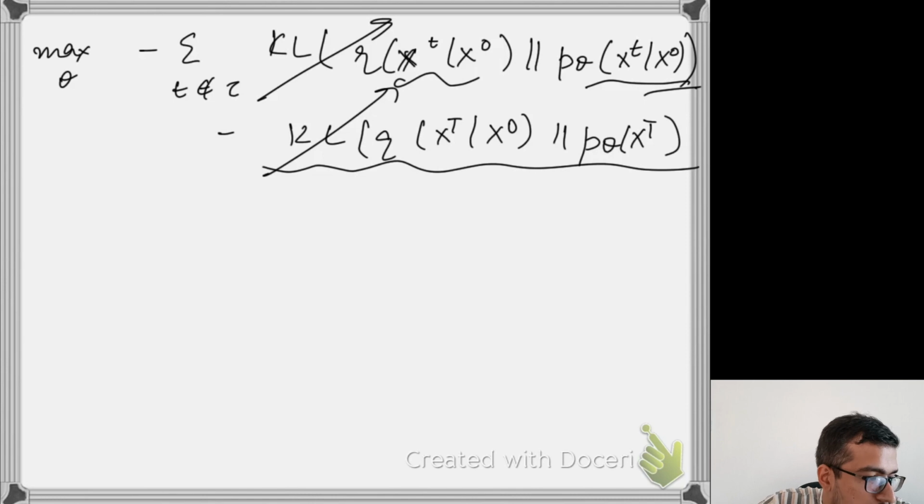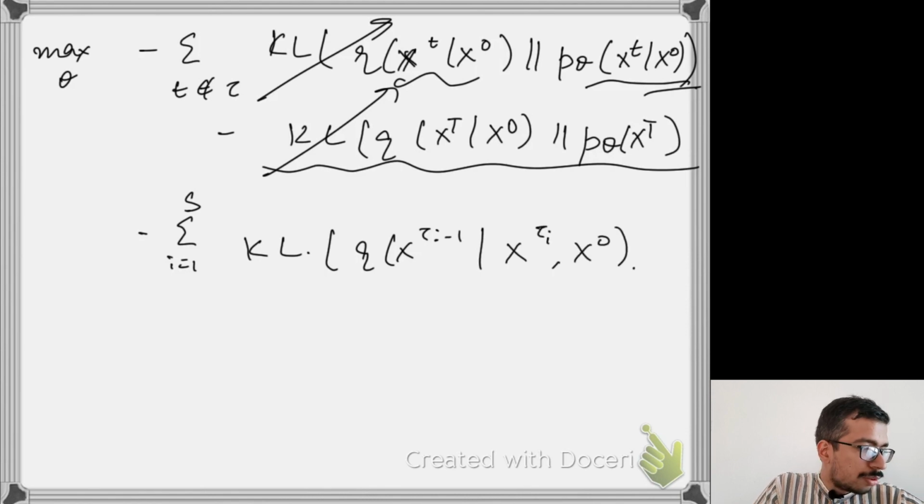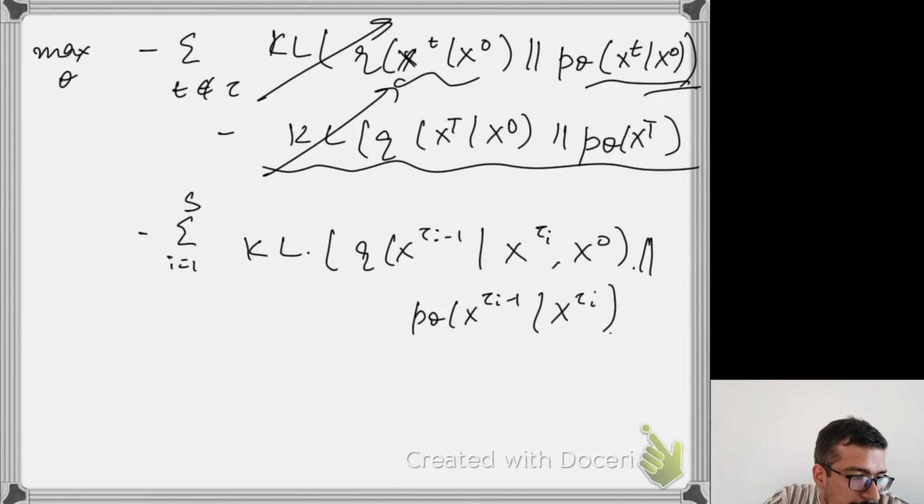But there will be some more terms, which is minus the sum of i from 1 to s of KL between q of x tau i minus 1 given x tau i and x naught, and p theta of x tau i minus 1 given x tau i, right? So expectation of these terms over x tau i given x naught will be there.